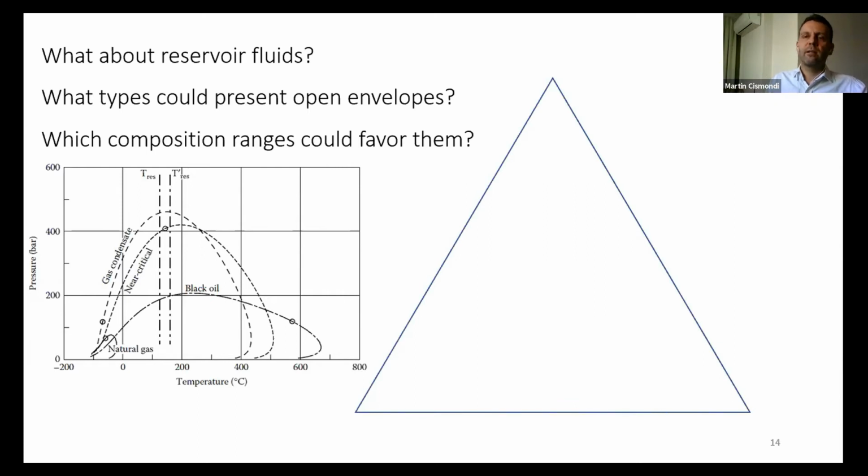So we had the idea of mapping different possible compositions, and for mapping it's simpler if you do it for a ternary system. So if you try to mimic the complexity of very multi-component fluids, but with characteristic compounds.